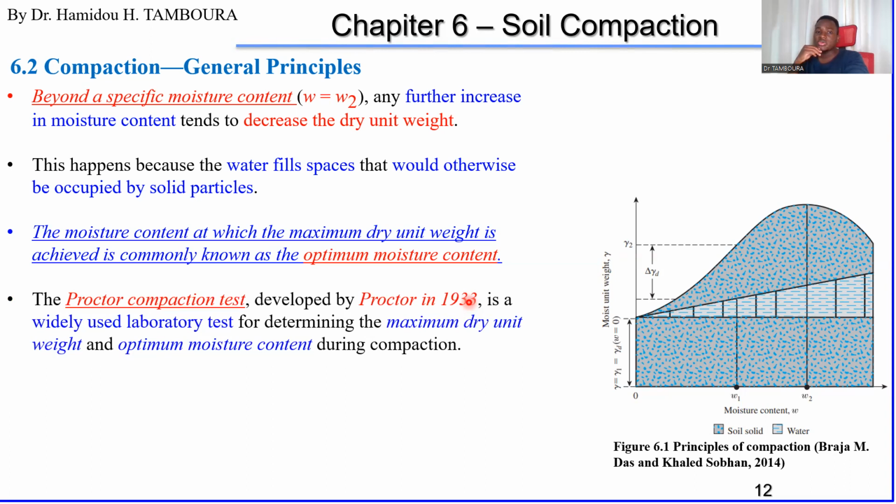This test is widely used in the laboratory for determining the maximum dry unit weight and also the optimum moisture content, because as you can see, the maximum dry unit weight corresponds to the optimum water content here. Okay, so this test helps us know the optimum moisture content, or the maximum dry unit weight.